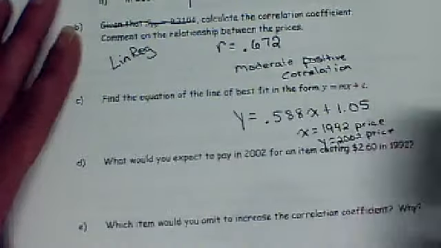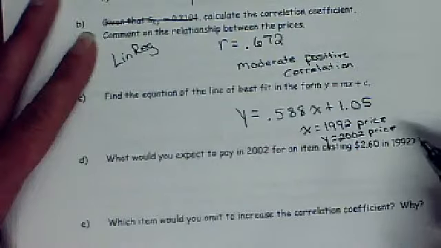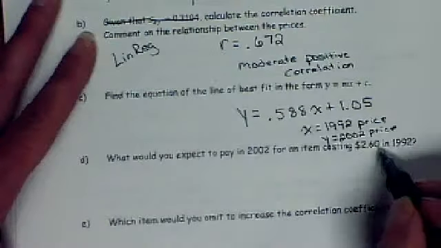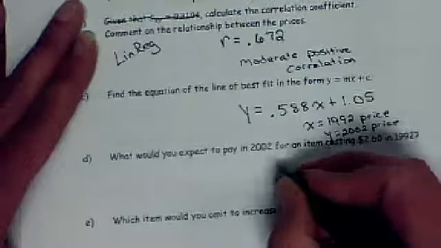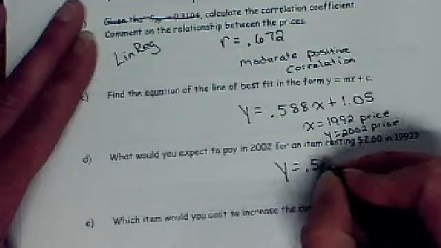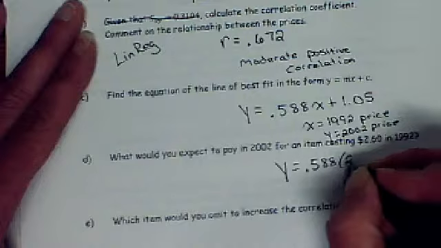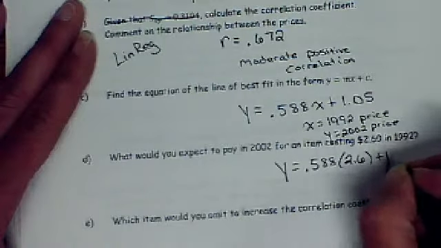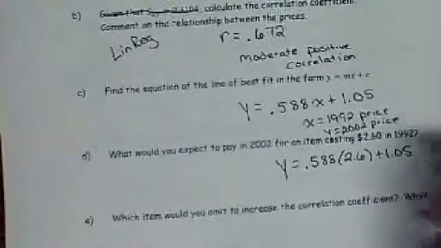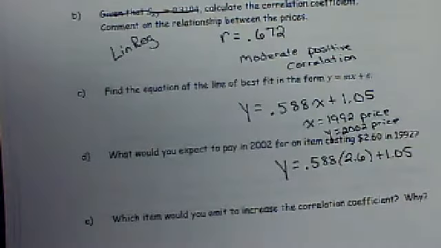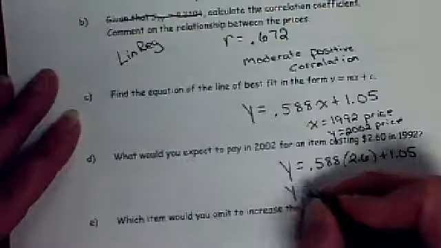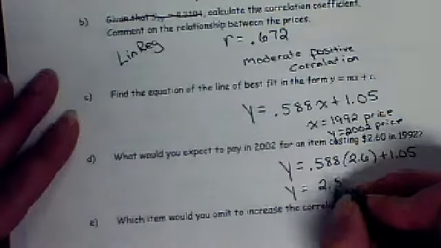So if we're trying to find the 2002 price, we're going to plug in $2.60 in for X. And we should get $2.58.